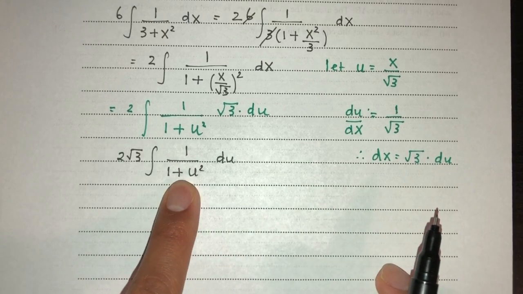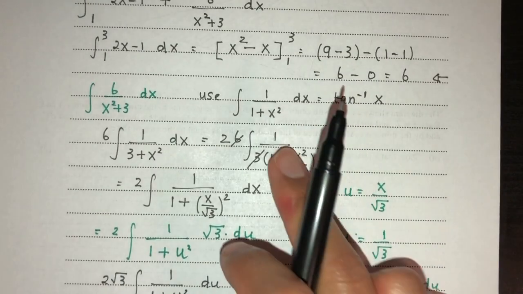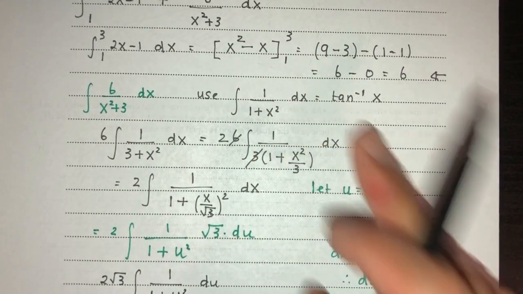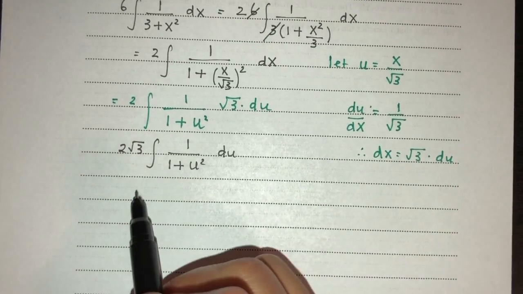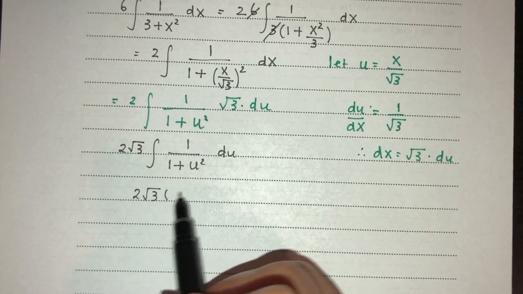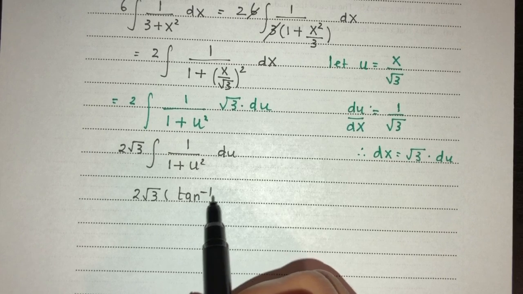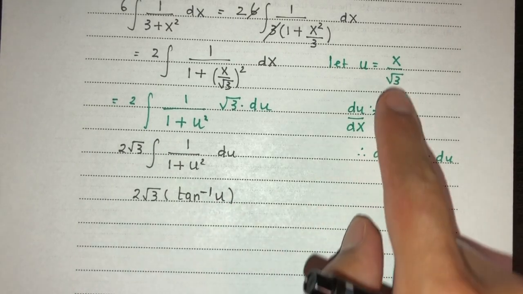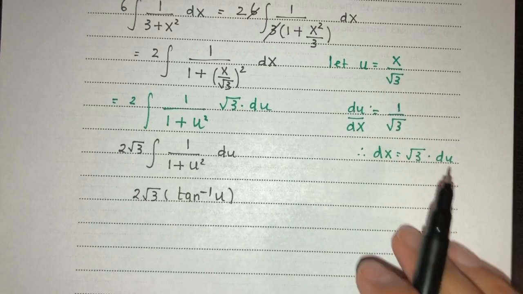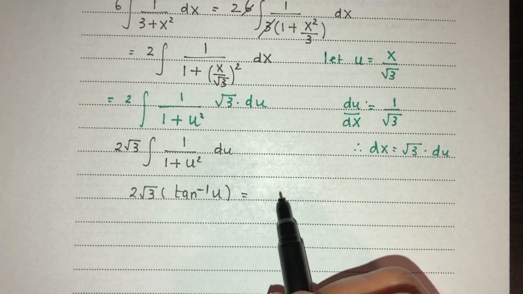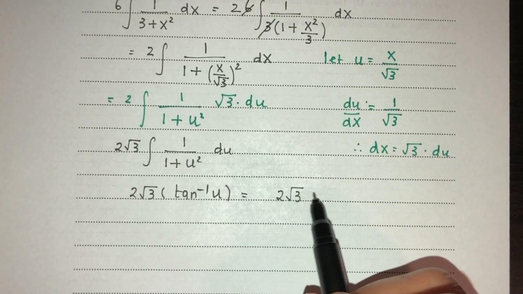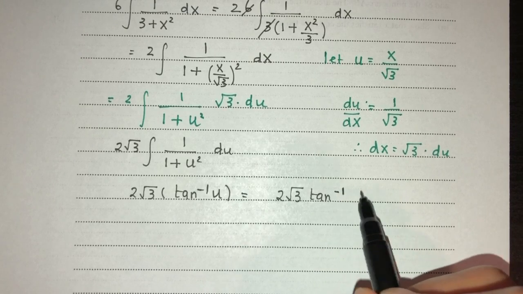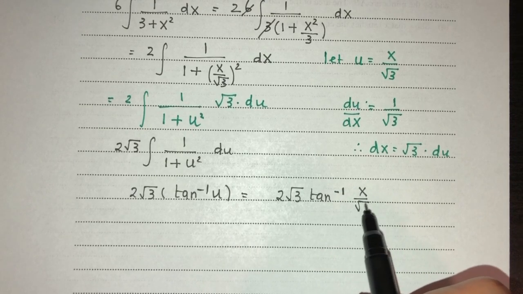Now this is pretty easy, as you have seen here. 1 over 1 plus x squared becomes tan inverse of x, so 1 over 1 plus u squared becomes tan inverse of u. Now the last step is to replace u by your main value, which is x over root 3. So your answer here will be 2 root 3 tan inverse of x over root 3.